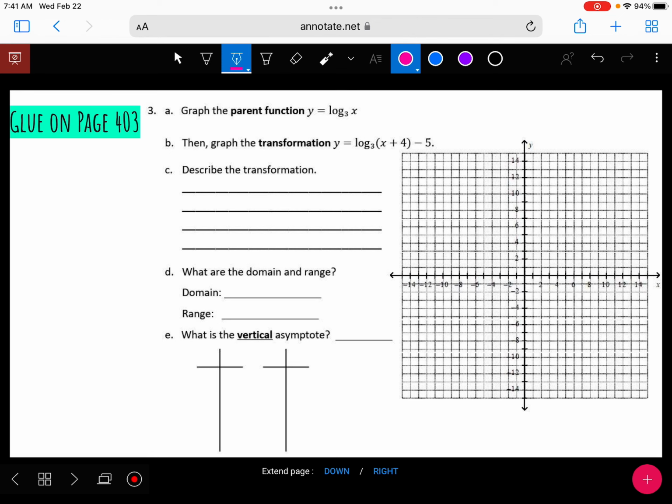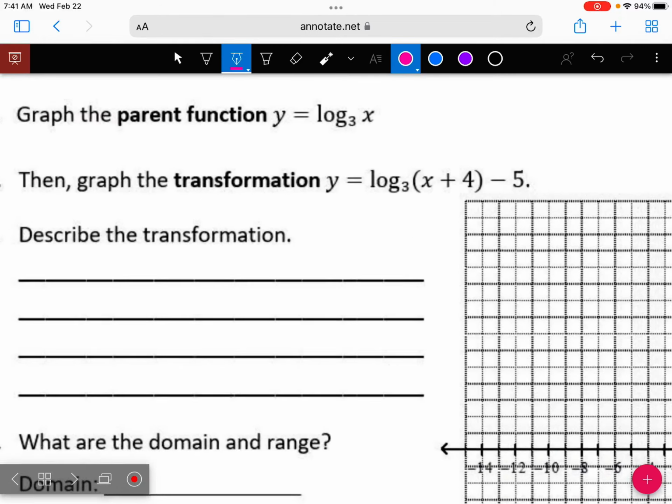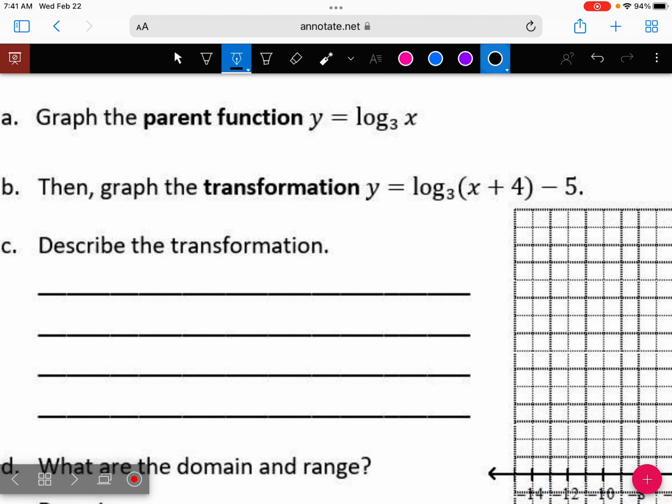So we're going to look at this, and we are going to try and graph this one. So we're going to start with graphing the parent function of the log. We do that by finding this base. Our base is 3 to the x.